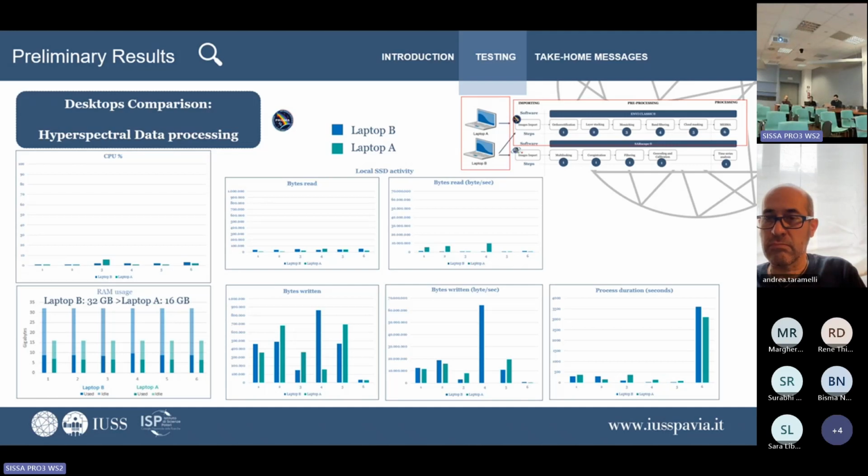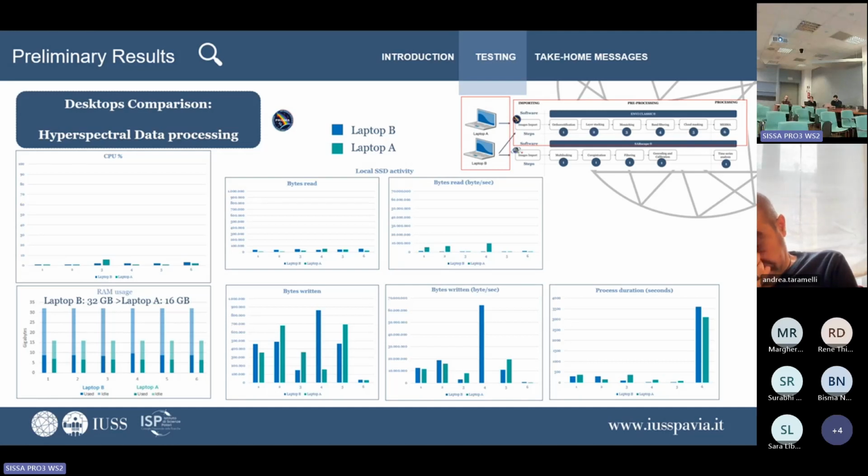But interesting results are given by the RAM and the processing duration, because we can see that laptop B always allocates more RAM than laptop A. This is because laptop B, of course, has more RAM, and laptop A is more conservative and ties up less RAM. But from this graph, it seems that the processing duration is not affected by the amount of RAM.